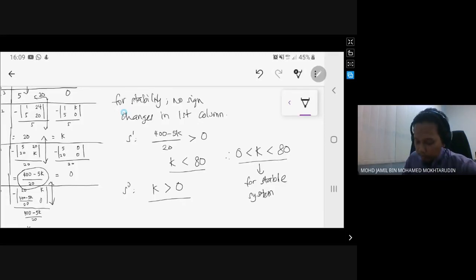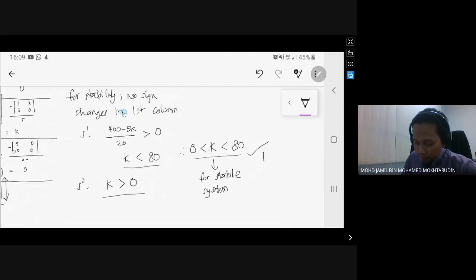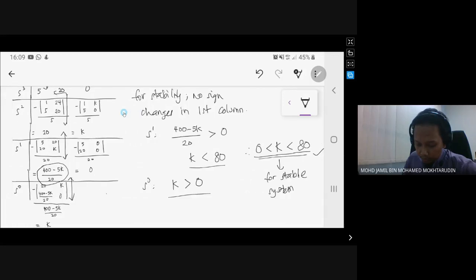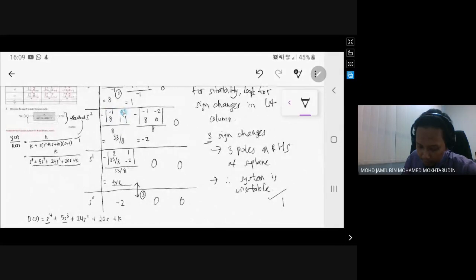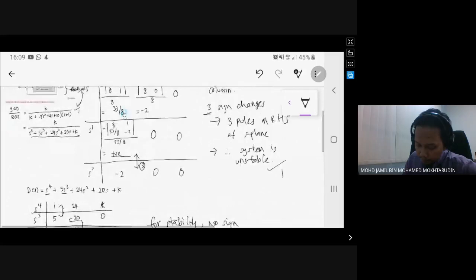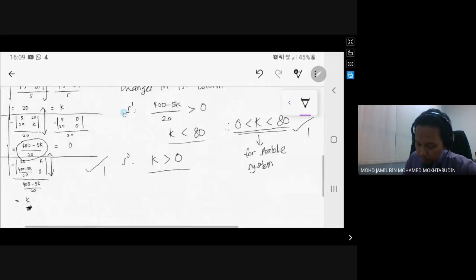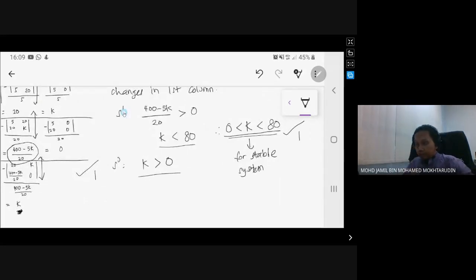Okay, so you'll get 1 mark for having the right range, and 1 mark for calculation steps. Okay, and 1 more mark for simplifying feedback. Okay. Okay, any question?